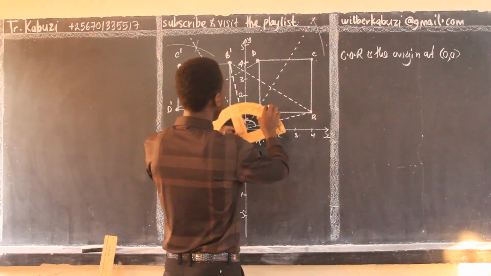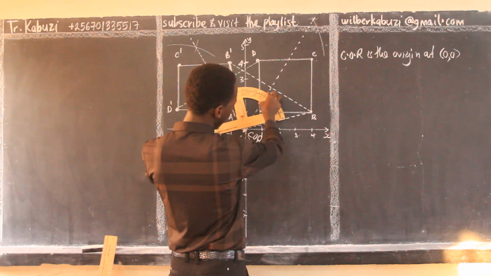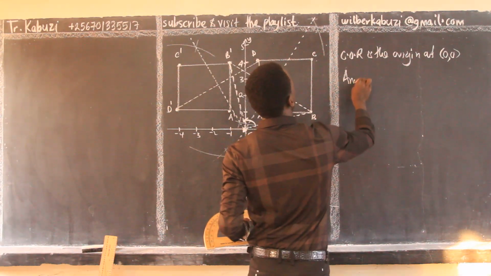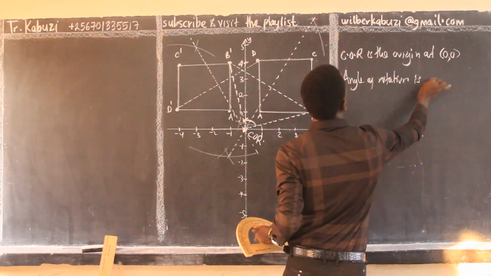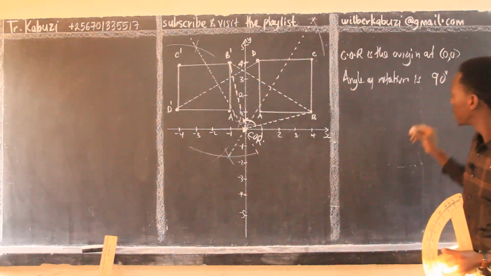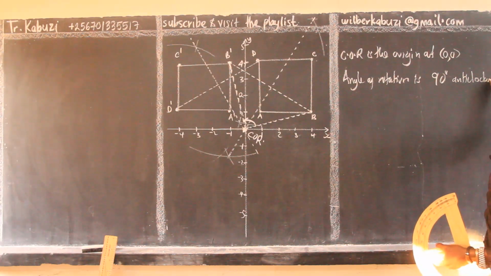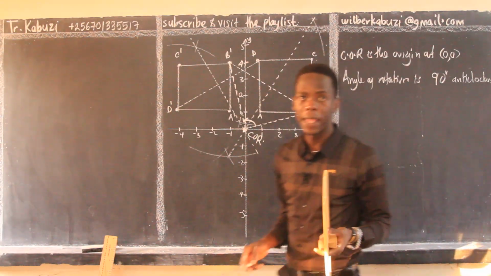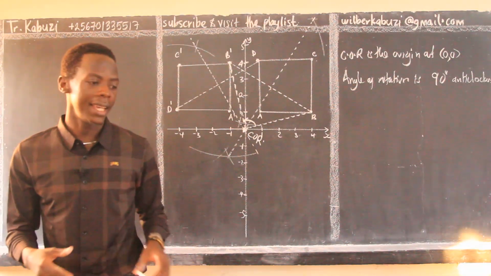Now when I measure my angle, you see that my angle of rotation is 90 degrees anti-clockwise, because we are moving in that direction. So that's how we handle the rotation part of it. Let us see the next chapter.